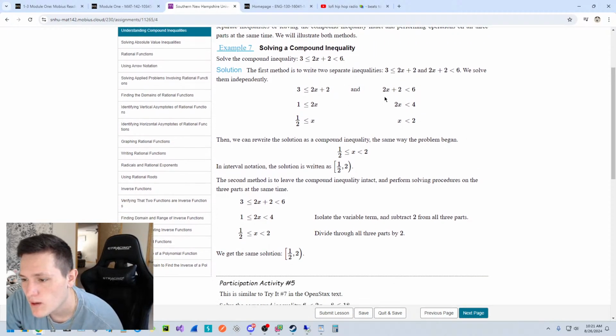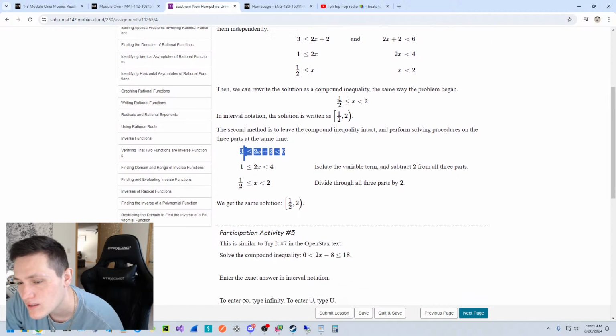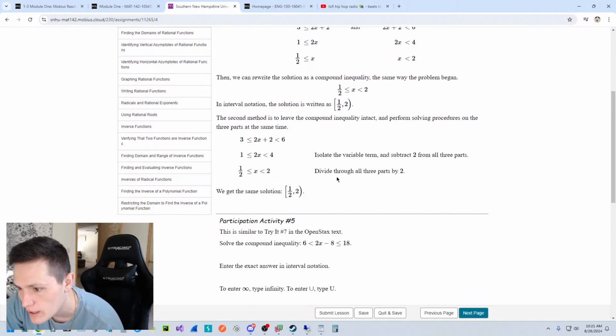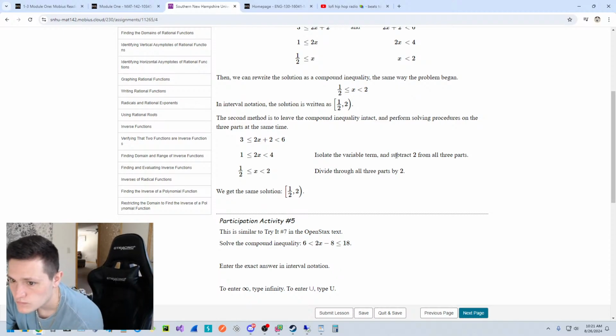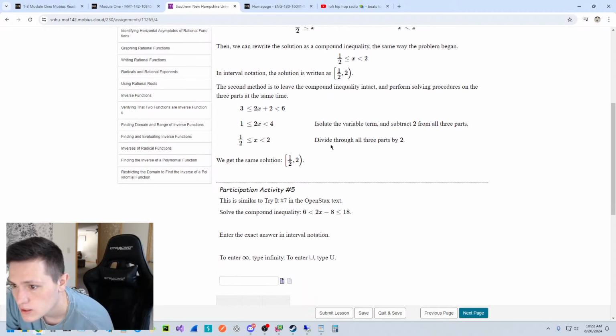I think this is better than this. I don't like rewriting it 2 different ways. I think it's better to have it in one piece like this and you just solve as you go. Not piece it out one way and then another way. Nah, I like the second method. This is a lot better.